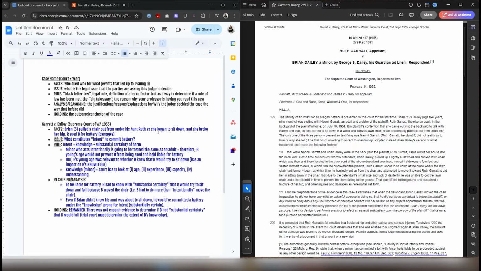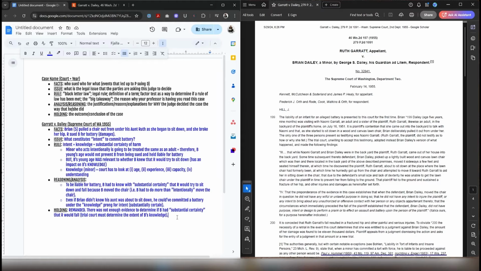So the facts of what happened, what was the lawsuit that led to this case? What is the issue that the court was asked to decide? What was the rule, the big takeaway from the case that we are even reading this case in the first place to understand? What were the reasons, the explanations that the court gave for coming to this conclusion? And then what, in fact, was the conclusion of the court?